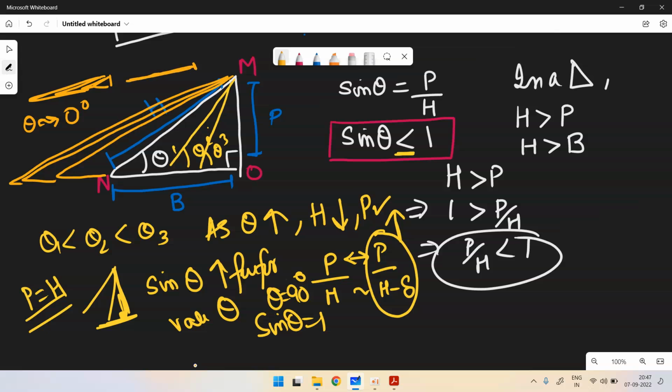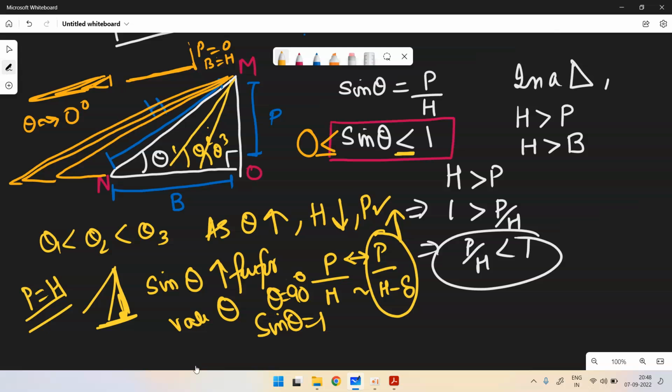Straight line means P equals 0, the height becomes 0, and the base becomes the hypotenuse. If you put the value of P as 0, sine theta becomes 0. So the minimum value of sine theta is 0 and the maximum value of sine theta is 1.